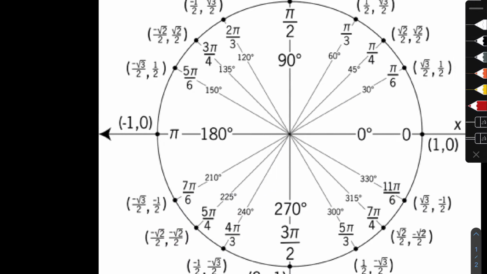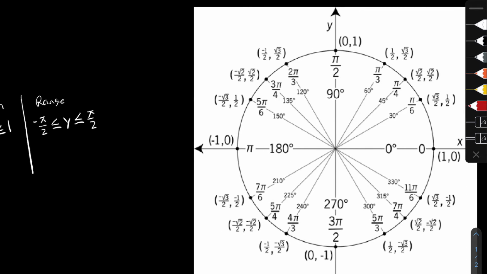So right here, we have the unit circle. And as we said, our range restriction is -pi/2 is less than or equal to y, which is less than or equal to pi/2. Well, if we look at our unit circle, we can see pi/2 right up here. So we can go up pi/2 from 0, or we can go down pi/2 from 0. So if you look at this, pi/2 goes 90 degrees here, or 90 degrees here.